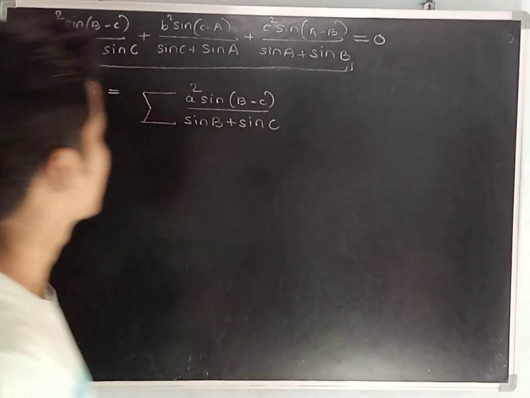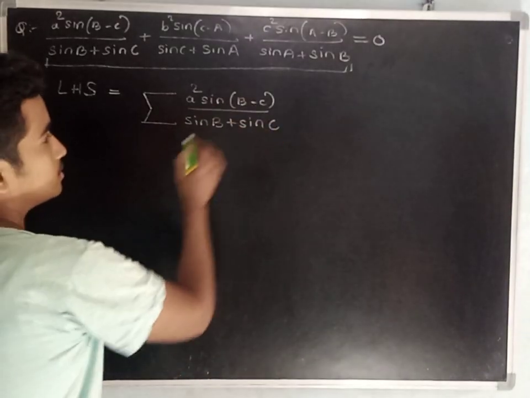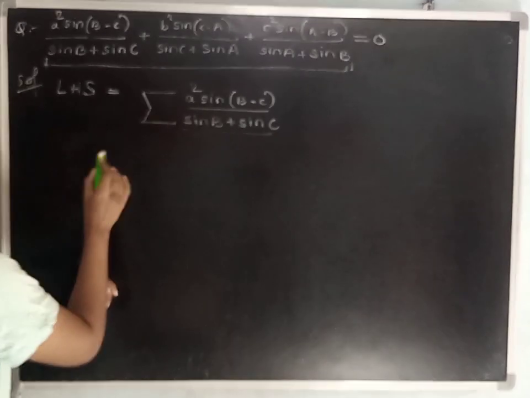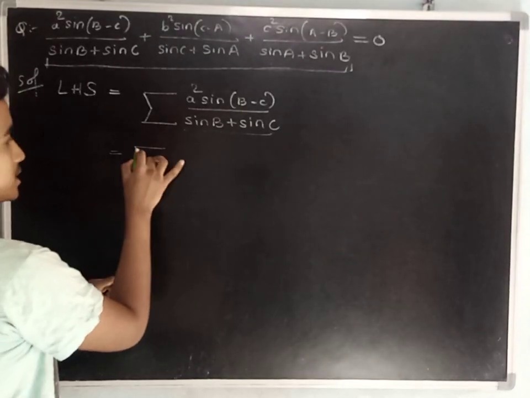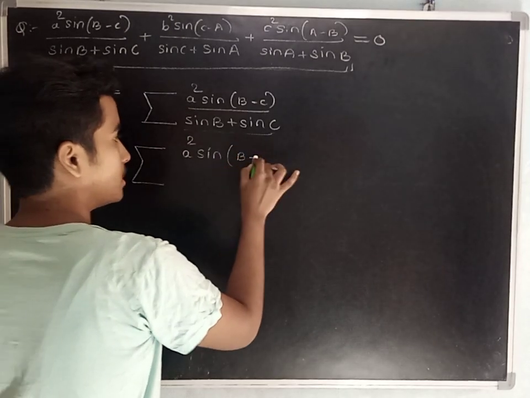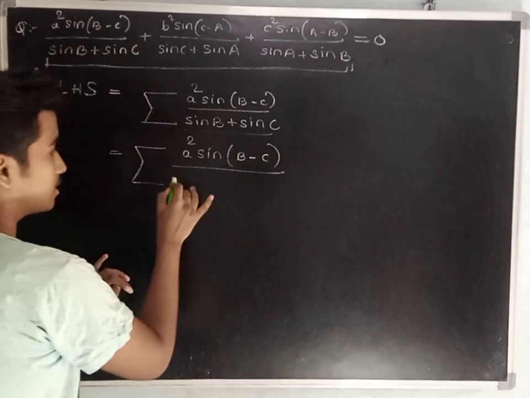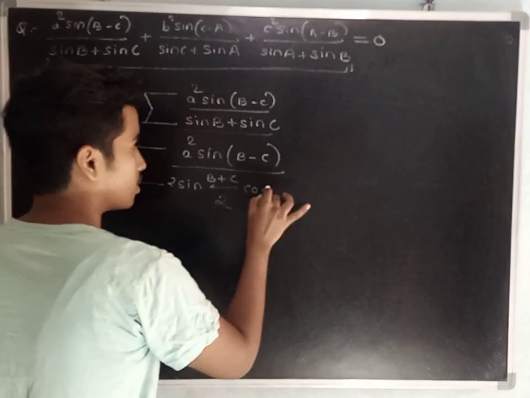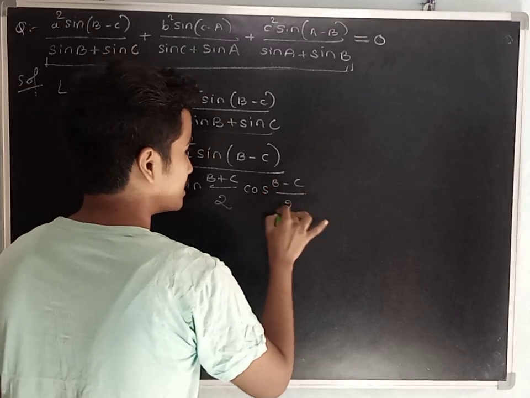Let me simplify this denominator, sin b plus sin c. In the next step, sigma a square sin of b minus c by 2 sin of b plus c by 2 cos of b minus c by 2.